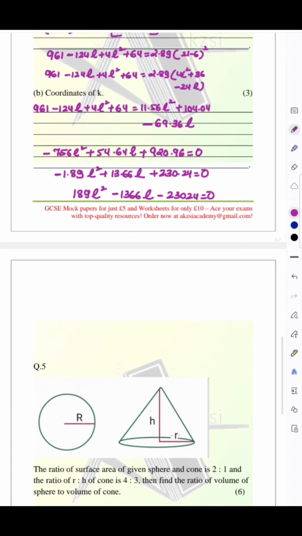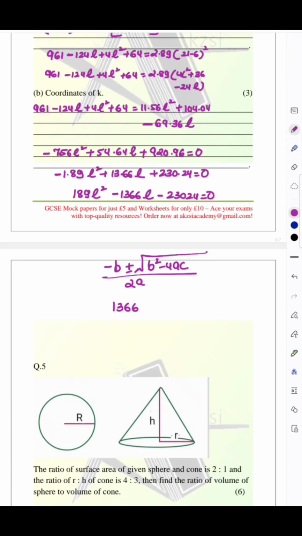Now I can apply the quadratic formula: minus b plus minus root of b squared minus 4ac over 2a. So minus b, that means 1366, it's already negative, so no point of making it positive.